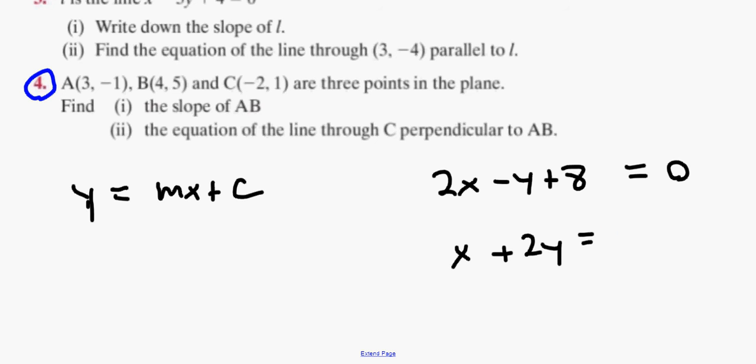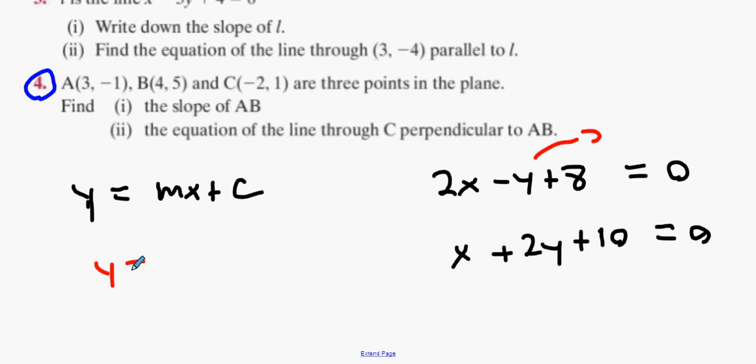All right. What I'd like to know here is, are these two lines perpendicular? How would you find out? Get y on its own. So how do you get y on its own?